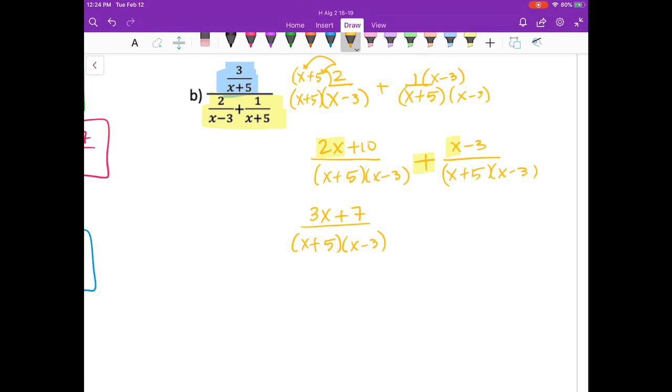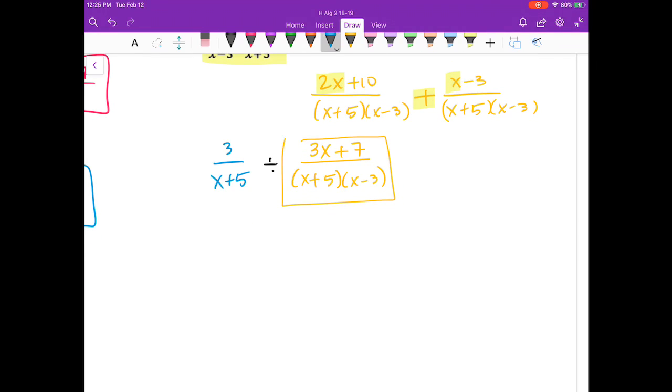Again, we will want to maybe FOIL that back out. Let's see if we can get things to cancel before we worry about that. So this was just our denominator. So remember, we're really taking 3 over x plus 5, and we are dividing by that mess. Well, we're really multiplying by the reciprocal, right?